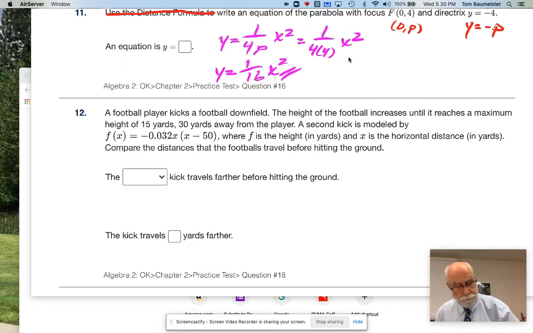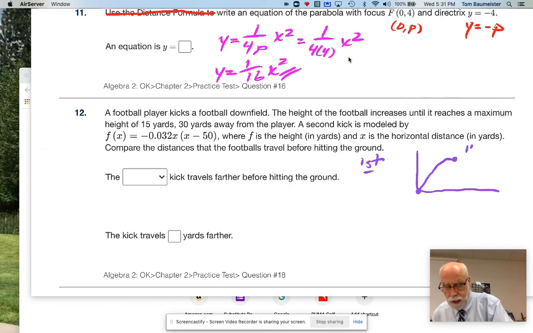On the first one, what they told you is that a player has kicked the ball, and when it reaches its maximum height, it's at 15. All right. And he said it was 30 yards away from the player. So that would tell us that this part is 30. Remember, by symmetry, it's going to go down the same way.